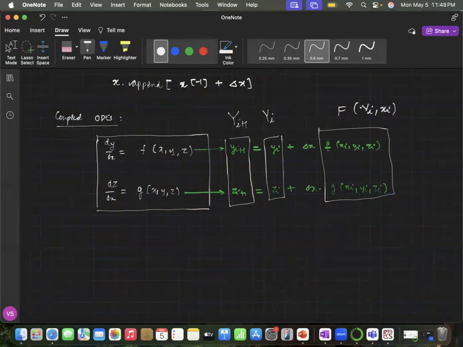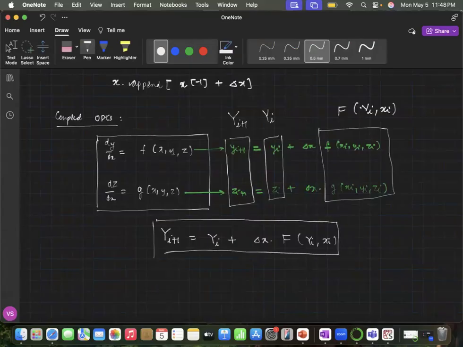So in that case, the solution to the system of ODEs can be simply written as this times f at Yi comma Xi, right? That's the Euler's explicit method.